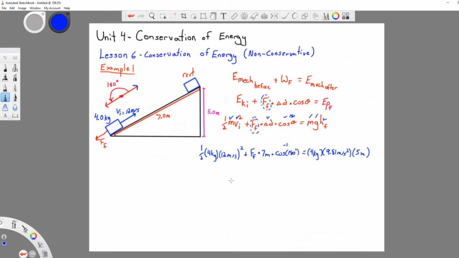So we have -7 times force of friction. -7 force of friction is equal to, and I solved both sides and then I flipped this one over and subtracted it out, and it works out to -91.8 joules.